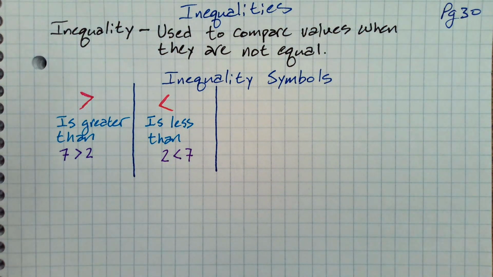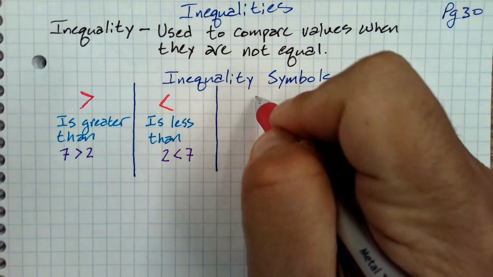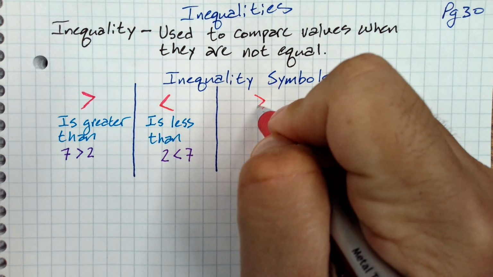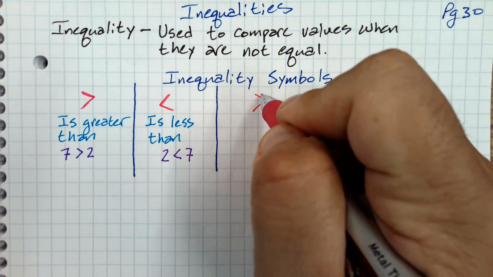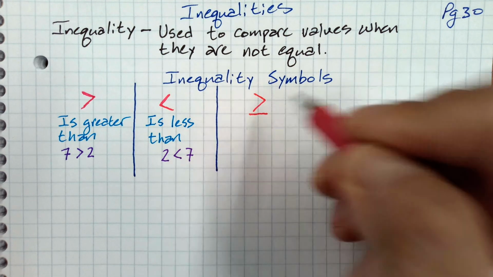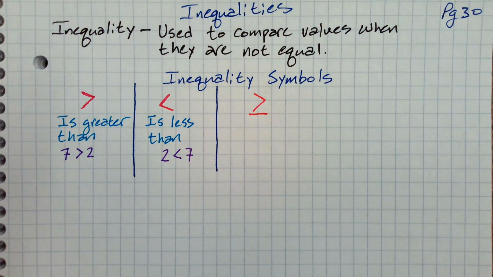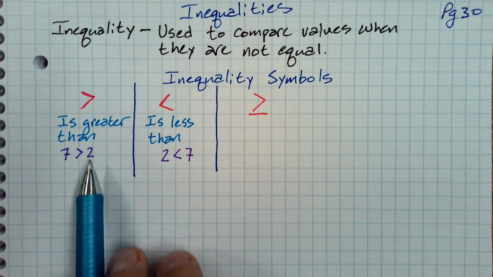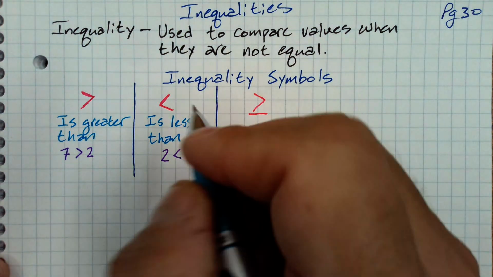So those are the two most common ones. But maybe you've been introduced to the next two. I'm hoping you have. Ever seen this one? It's kind of like the is greater than, but it has this little bar underneath. Are you guys familiar with that one? Okay. It's practically the same as the is greater than. In fact, it starts off the same way.